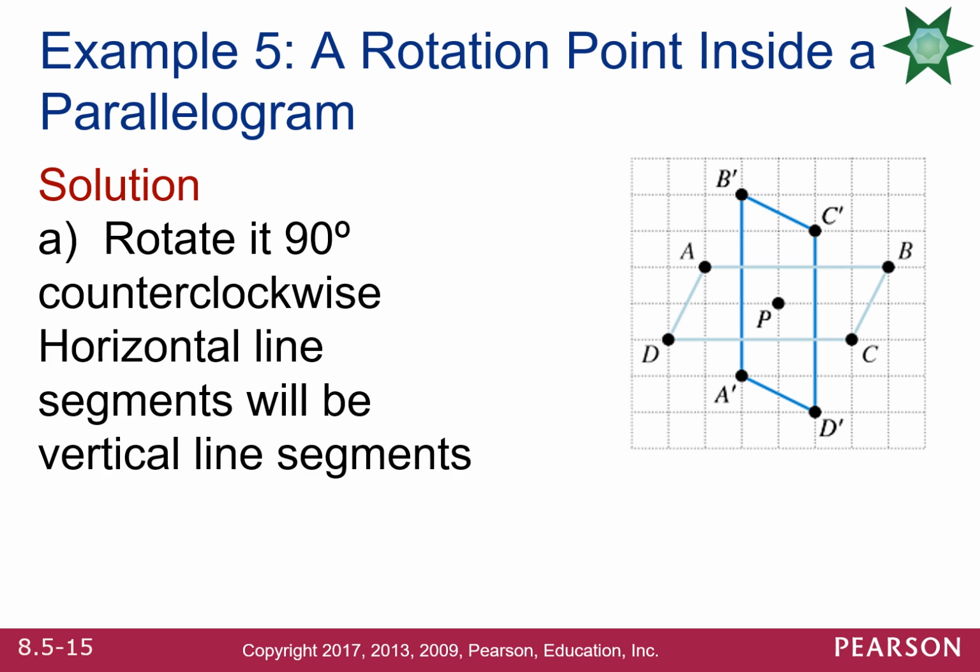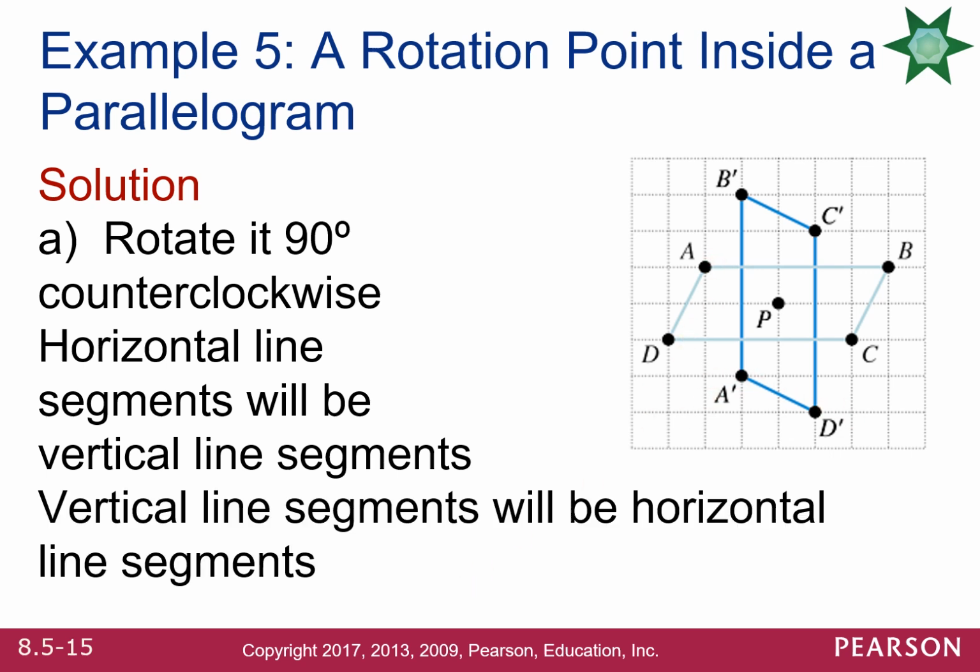So let's look at the solution. It says horizontal line segments will be vertical line segments. What was horizontal? That's AB. It was horizontal, now it becomes vertical, and the vertical one becomes horizontal. So vertical line segments will be horizontal line segments, whereas horizontal line segments will be vertical line segments.